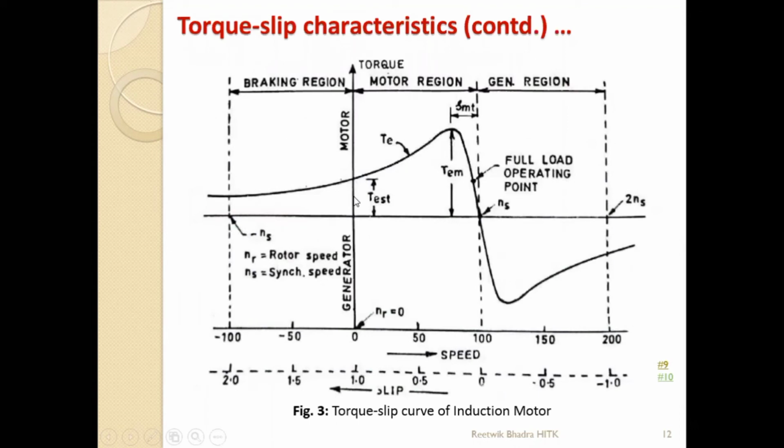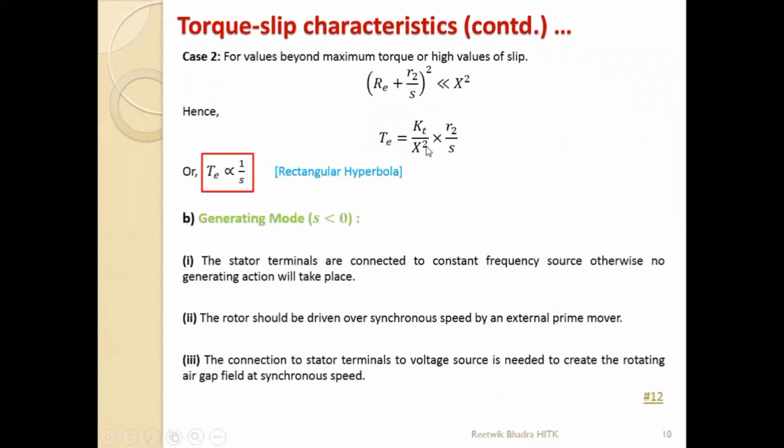Now why is it not ending at 0 and having some value? If you look at this equation, you can understand. What is the maximum value of S at higher values of slip? The maximum value is 1. So if I put 1 over here, this T will come out to be a constant value only, so it can't reduce to 0.